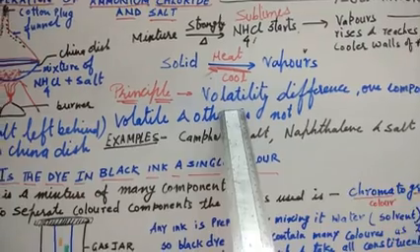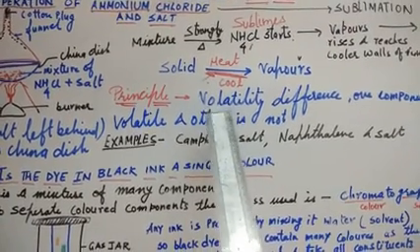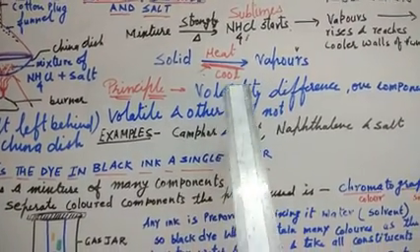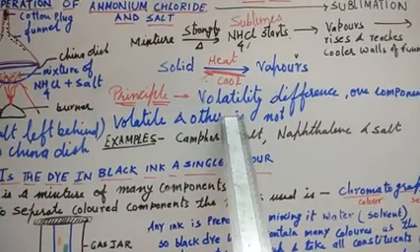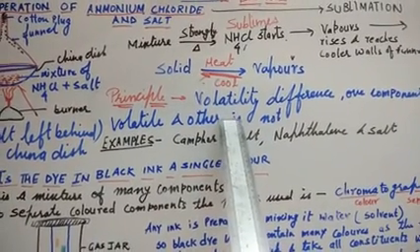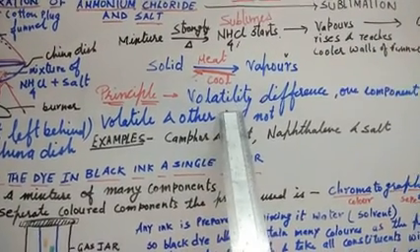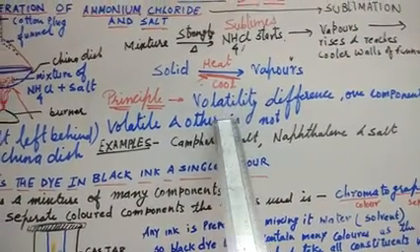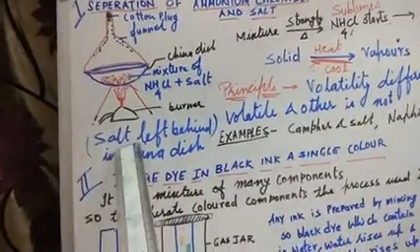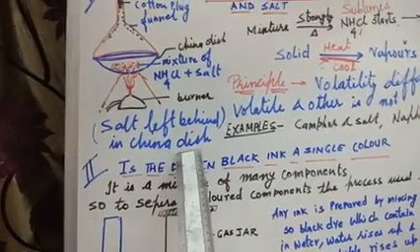So here this ammonium chloride is converting into gaseous form, thus it is volatile. But NaCl is not converting into gaseous form. Thus, NaCl or the salt is non-volatile. It will be left behind in the china dish.